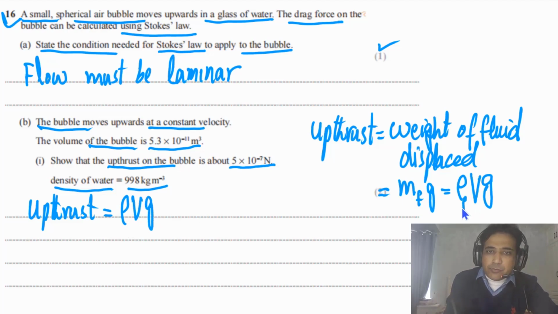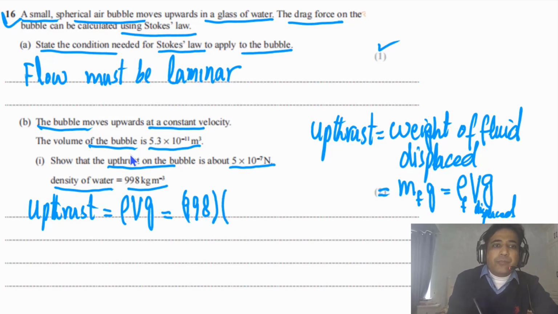Rho is the density of the fluid and V is the volume of fluid displaced. Now we need to plug in values. The density is 998 kg per cubic meter, and the volume of the bubble is equal to the volume of fluid displaced, because it is fully submerged in the water.